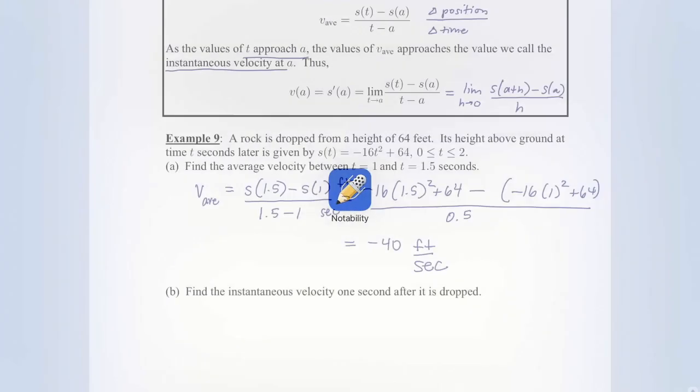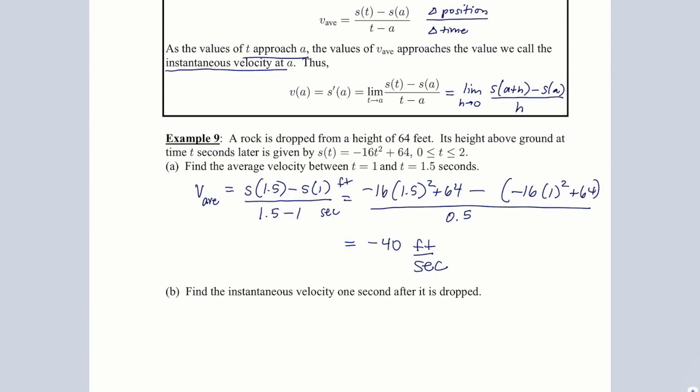So it's important to recognize that velocity is slightly different from speed. Speed we would never list as negative, but velocity we will list as negative because that tells us the direction, right? So v average that's less than 0 tells us the direction is downward.